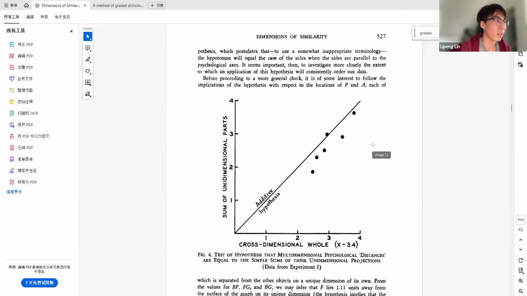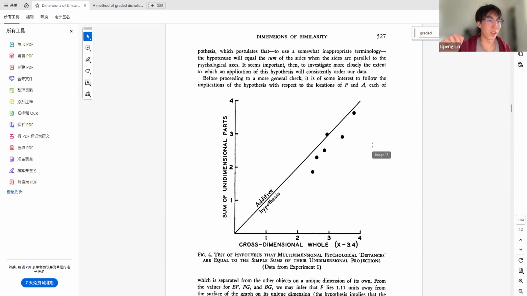And this paper, as the first paper that looks into dimensionality, on one hand, we don't need to look at any paper before this paper. On the other hand, this paper first proposed that psychological space or psychological distance is not Euclidean distance. We cannot make such an assumption.